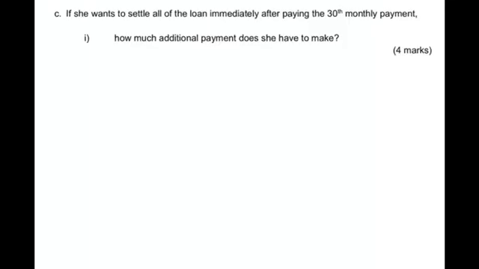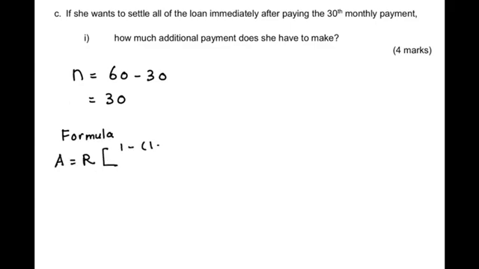Okay, so let's see our question C. If she wants to settle all the loan immediately after paying 30 monthly payments, how much additional payment does she have to make? We take our n, which originally is 60, and subtract 30, and the balance we got is 30. The formula we'll be using is A equals R [1 minus (1 + i)^(-n)] over i.